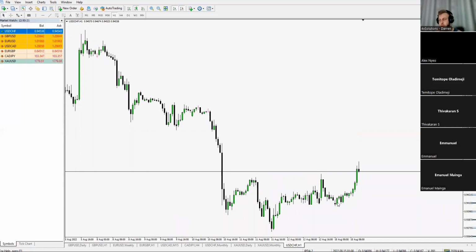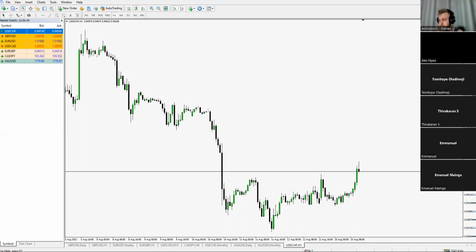Now, this is a similar sort of play on what an SMT is, but the difference here is that this is an intermarket relationship. An intermarket relationship is just something that is closely attached to what you're trading. So Euro GBP would be closely correlated to GBP USD and Euro USD.